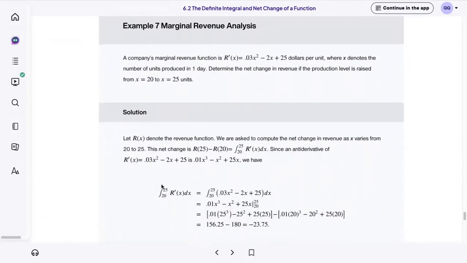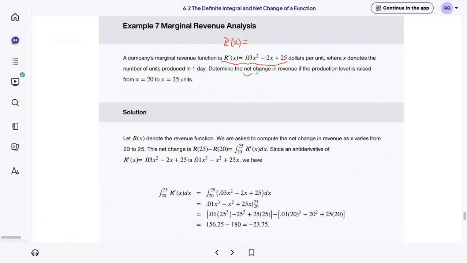Okay, marginal revenue. We use this for marginal revenue as well. A company's marginal revenue function is as such. You can see this is a polynomial of degree 2. So we know the revenue function has to be a polynomial of degree 3. X denotes the number of units produced in one day.